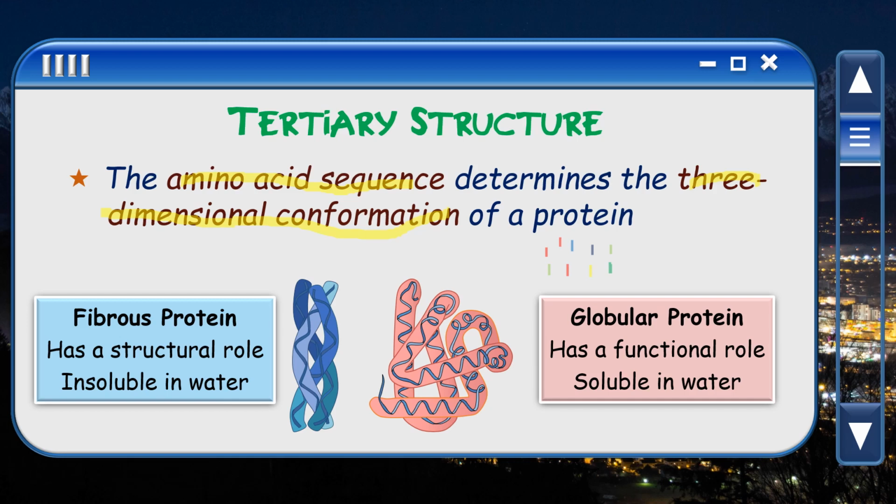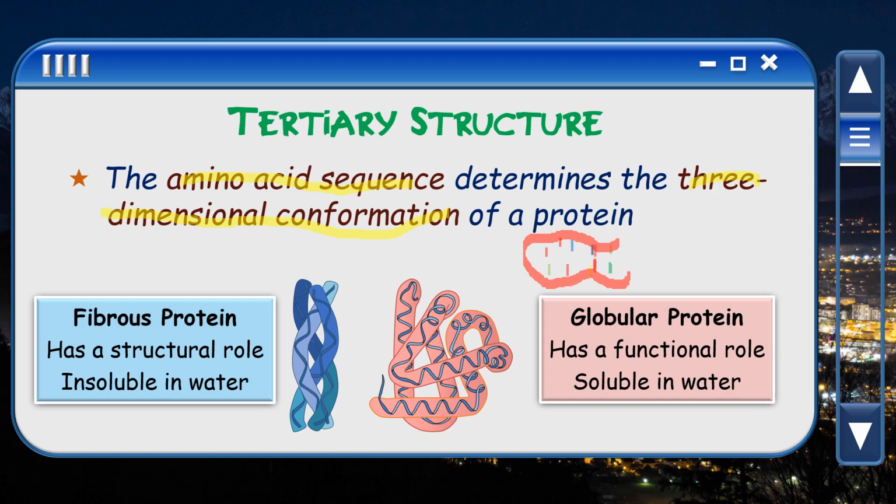Either they will attract each other or they are going to repel each other. So when these amino acids are facing each other, some of them may have affinity for each other. Then they will attract each other. And when they attract each other, then these two polypeptides are going to be very close.